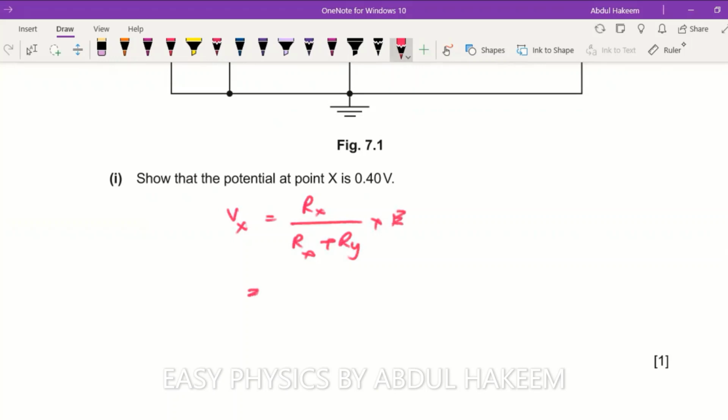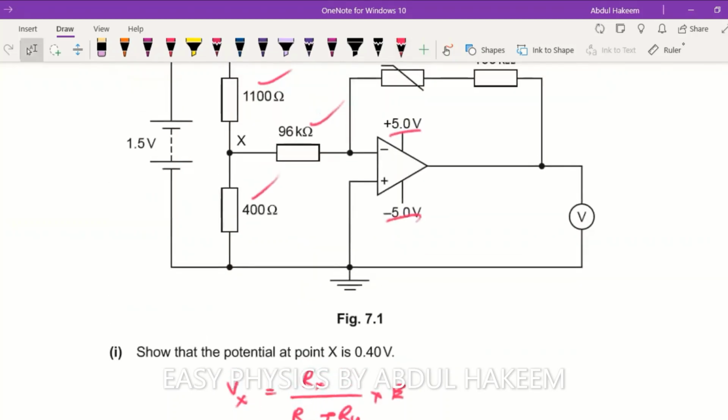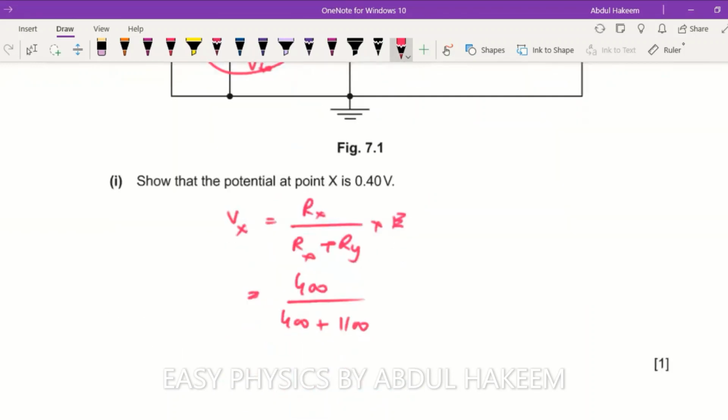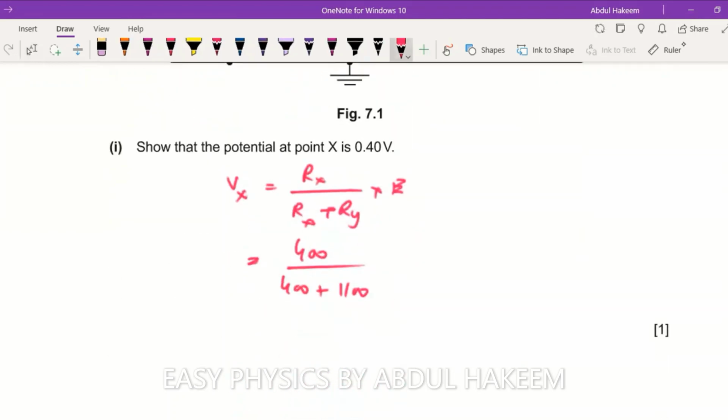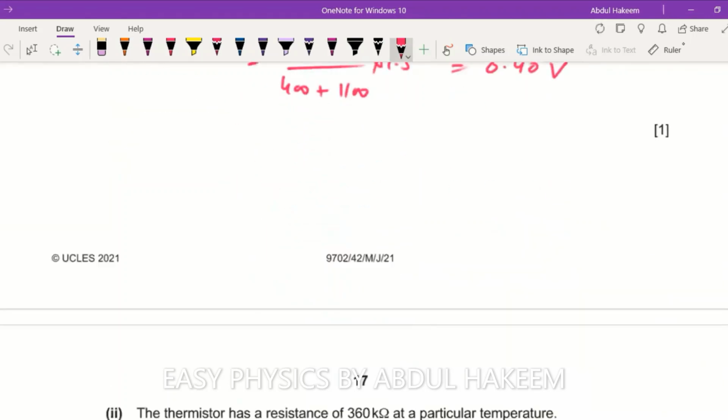So it is 400 Rx divided by 400 plus 1100. This is the input voltage here, this is Rx because the voltage here is required, and this is Ry, and the EMF is 1.5. After the calculation, 400 divided by 1500 times 1.5, the answer is 0.40 volt.